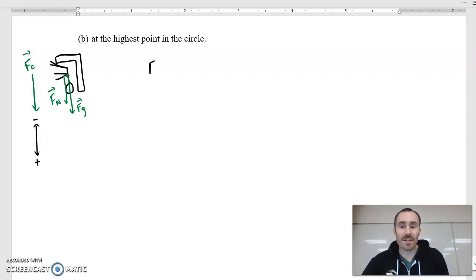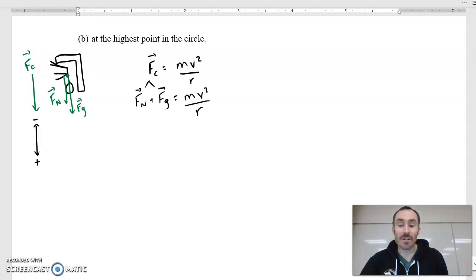So we're going to do the exact same thing as before. Centripetal force is mv squared over r. Split centripetal force into its pieces, which are the normal force and the force of gravity. This time I'm making them both positive since they're both down. Again, I am not including centripetal force here because that is not its own force.